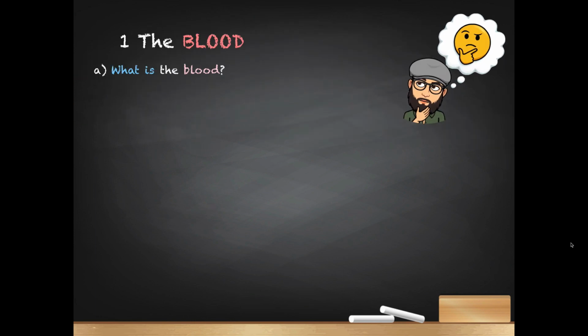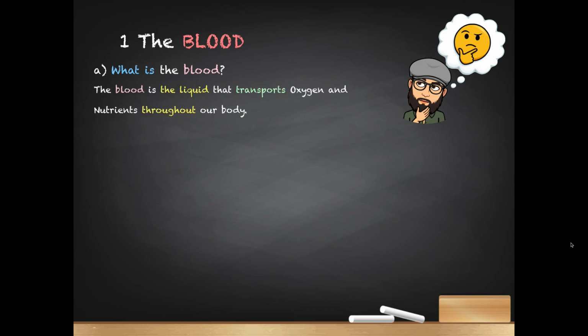First of all, what is the blood? As I said before, the blood is the red liquid that transports oxygen and nutrients throughout the body. Okay, pay attention to this word, throughout the body. And second question, what is the composition of blood? Imagine that you now have a microscope and you can observe the blood.